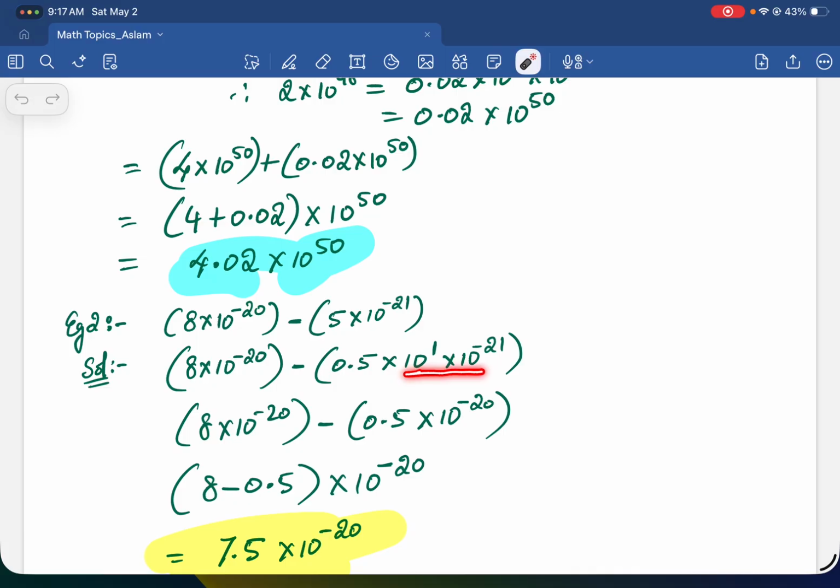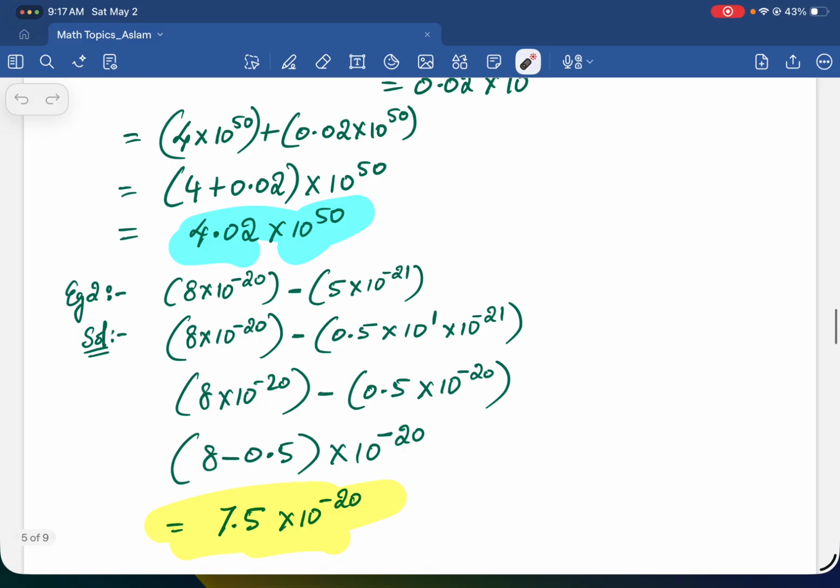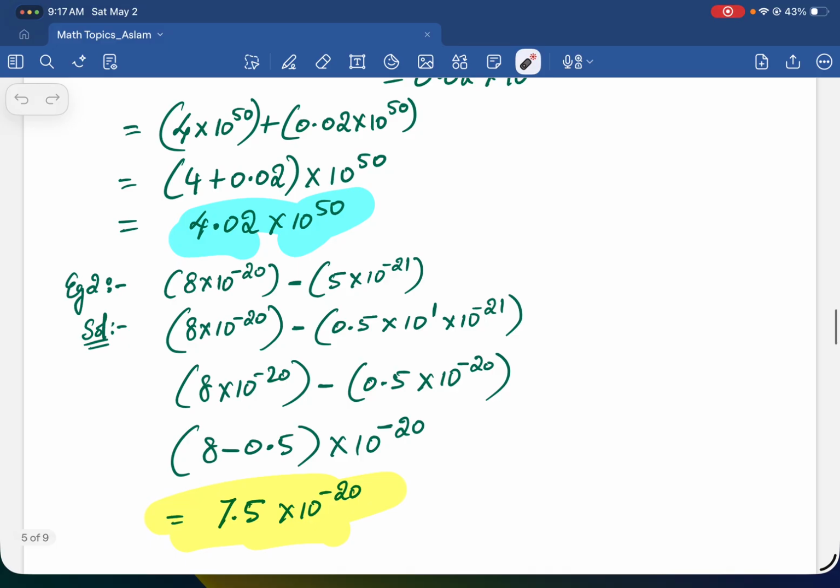So using the laws of indices, 1 plus negative 21 is negative 20. Then we take this 8 and 0.5, 8 minus 0.5 in parentheses, into 10 to the power of negative 20, and we get 7.5 into 10 to the power of negative 20.